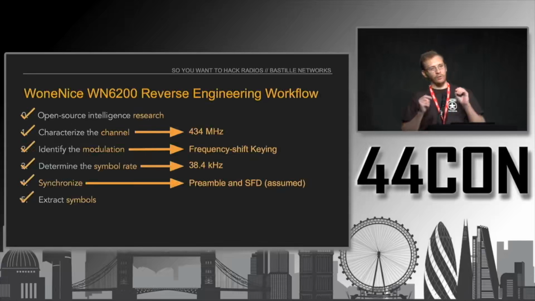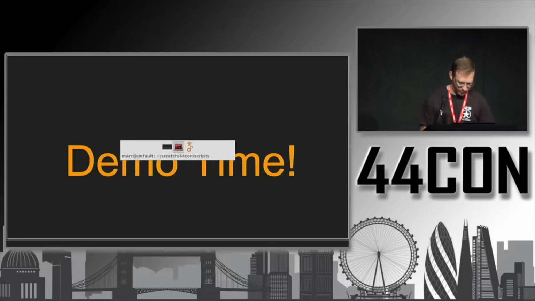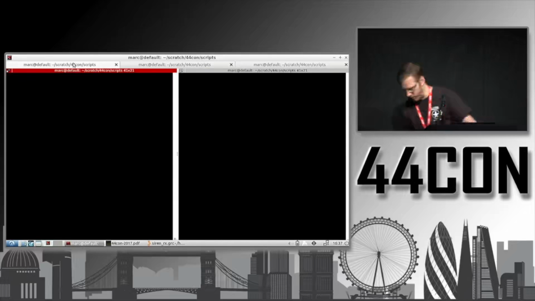Now, with doing a little bit of radio work, but mostly just using these open source tools, we've been able to determine enough information about the protocol to be able to build a receiver. So now I'm going to run this receiver script here, and this will be released online after our talk. For the demo here, I'm going to try and read the barcode on my beer bottle.